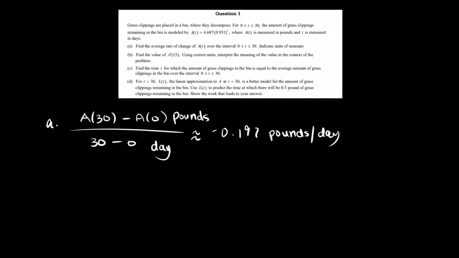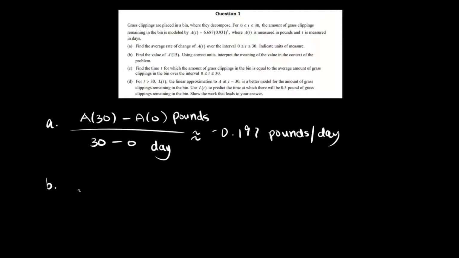Question B asks us to find the value of A prime of 15, and using the correct units, interpret the meaning of this value in the context of the problem. So remember that question 1 on the AP exam is a calculator question. So for part B, all we need to do is insert the value of A of t into our calculator, and then use the derivative function to evaluate its derivative at t equals 15.